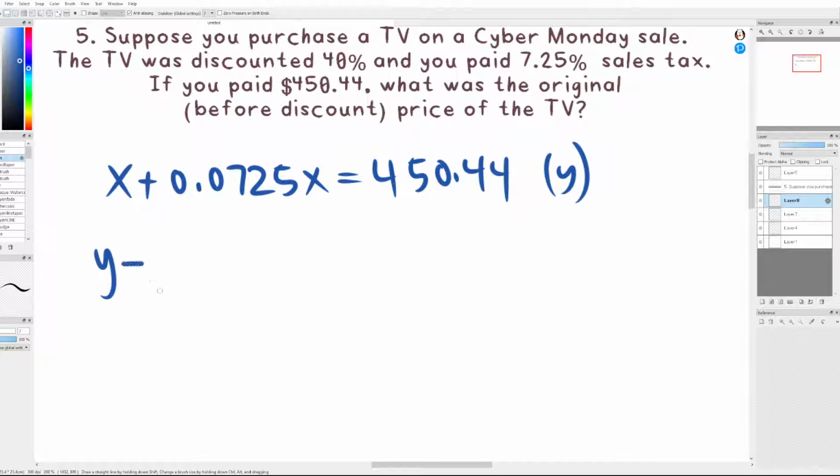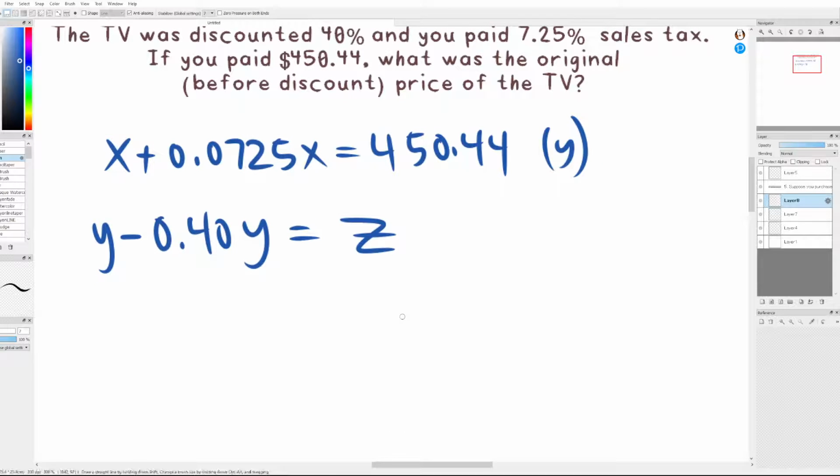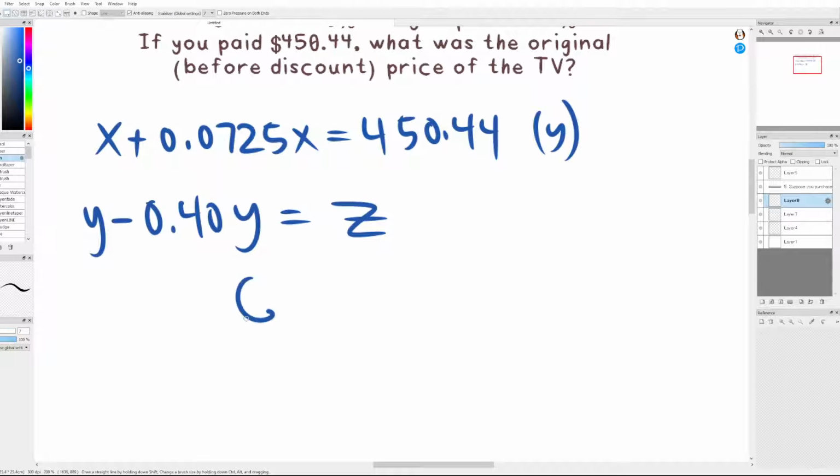We'll do y minus 0.40 for the 40%, y, is equal to our original price. And when you do that, you end up with $699.98.